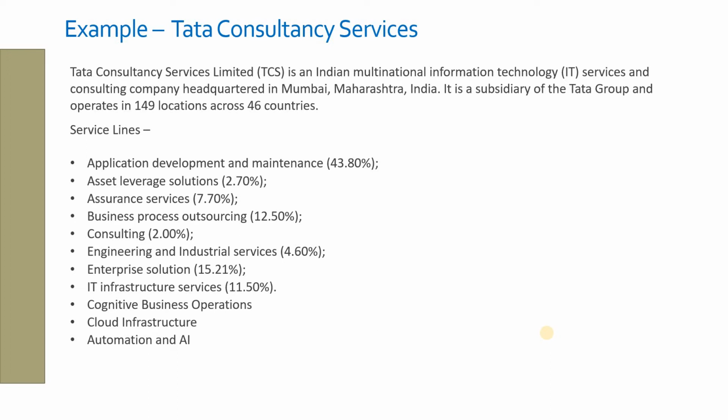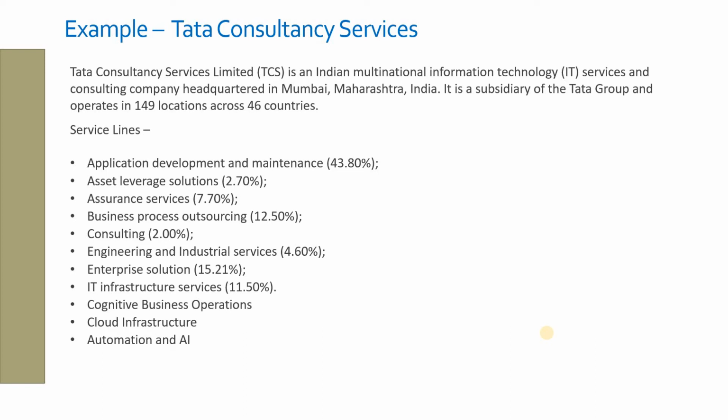So this is all about TCS. These are the service lines of TCS: application development and maintenance. TCS is focused 43.80% on application development and maintenance, asset leverage and solution 2.70, assurance and services 7.70. So this is all about TCS.